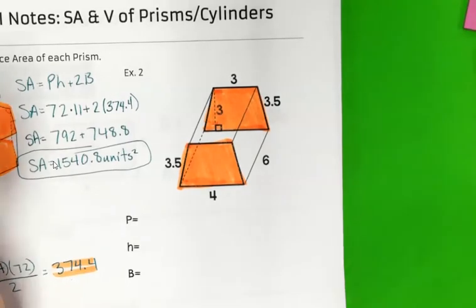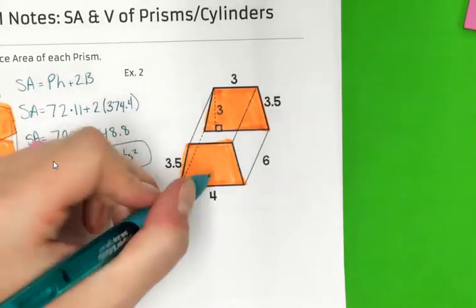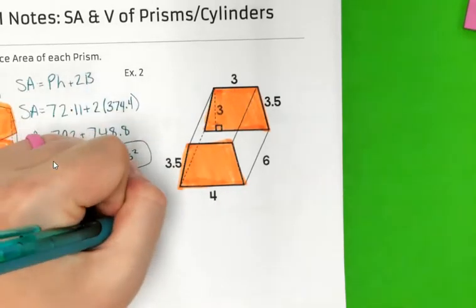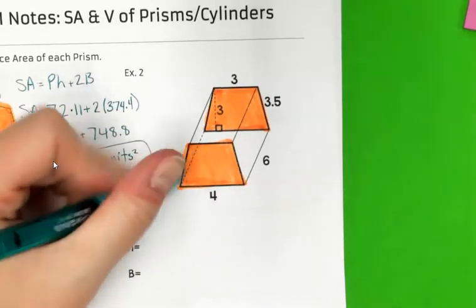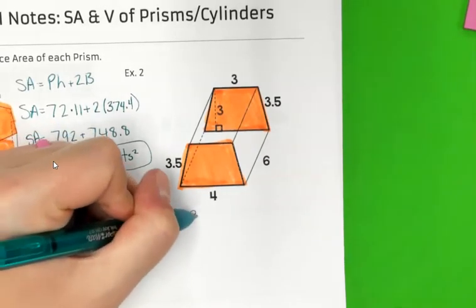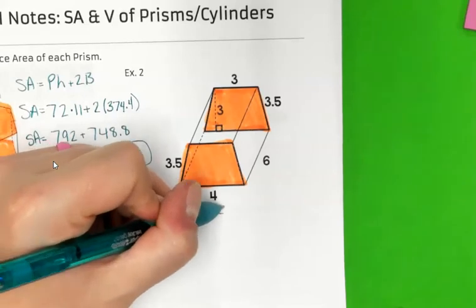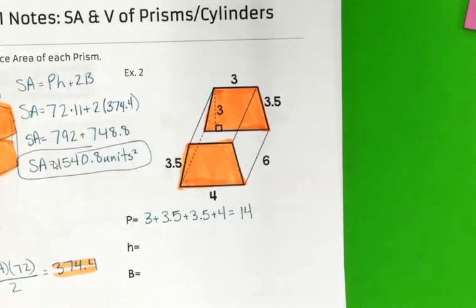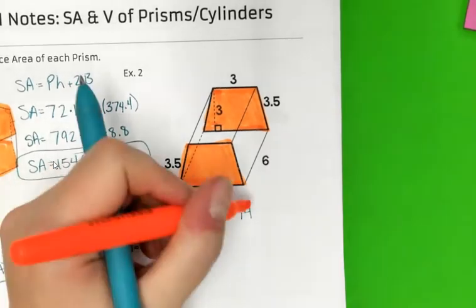All right, so we need our perimeter, which will be all sorts of numbers. So the top is 3. The two sides are both 3.5. 3.5 plus 3.5 plus 4. So we add those all together and we get 14, because 7 plus 3 is 10, plus 4 is 14. And that is our perimeter.